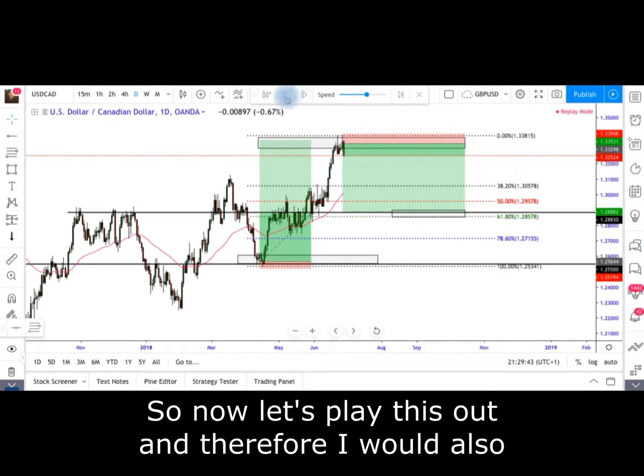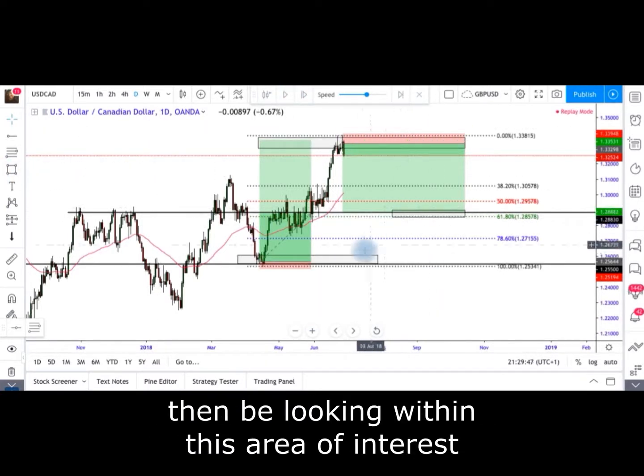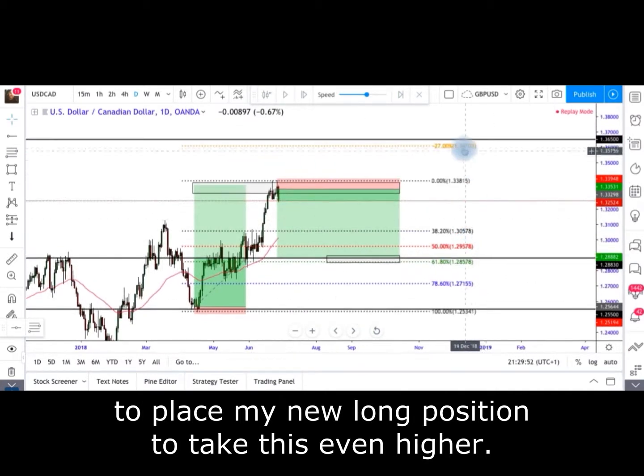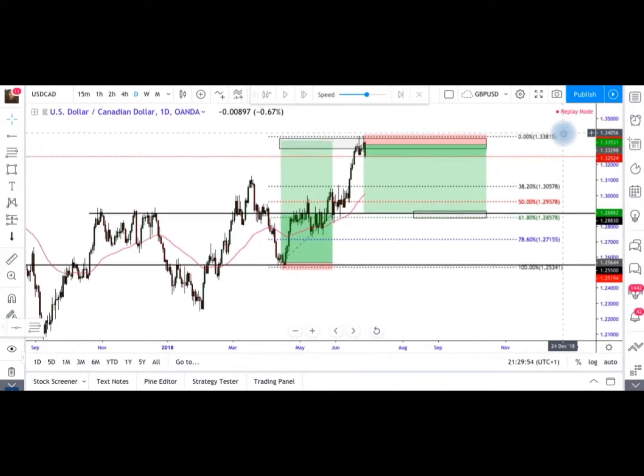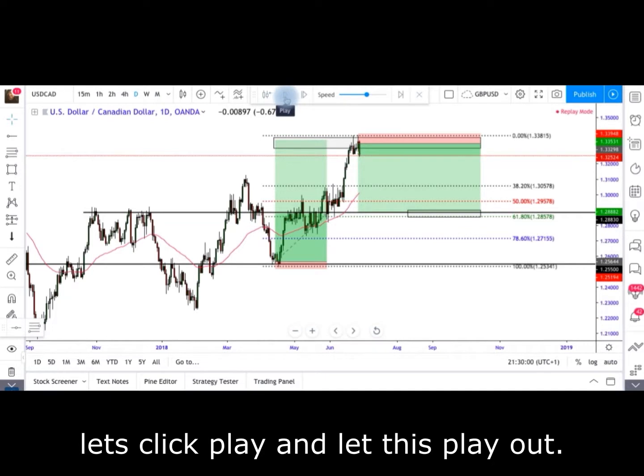So let's play this out, and I would also then be looking within this area of interest to place my new long position to take this even higher. Okay, let's click play and let this play out.